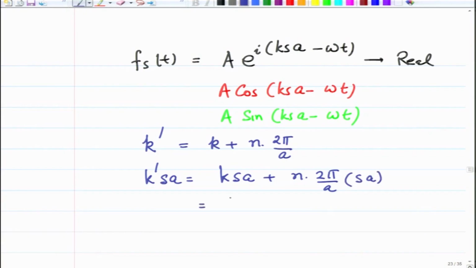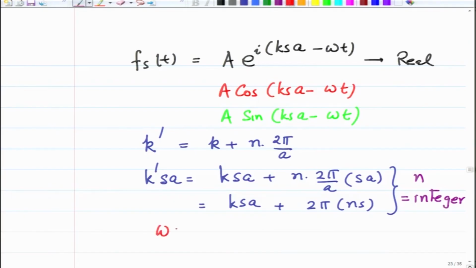So, this becomes k s a plus 2 pi times n s, where n is an integer. So, I can add 2 pi by a or any integer multiple of it, and at the same time I have omega k prime equal to omega k, that we have already discussed in detail.